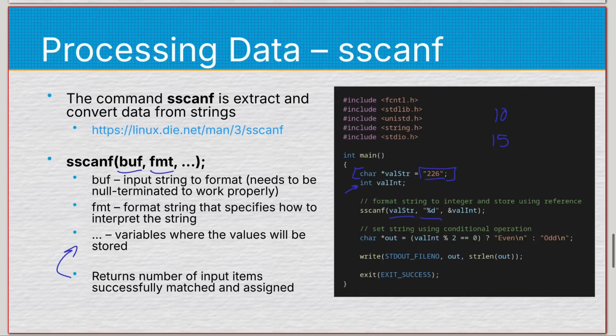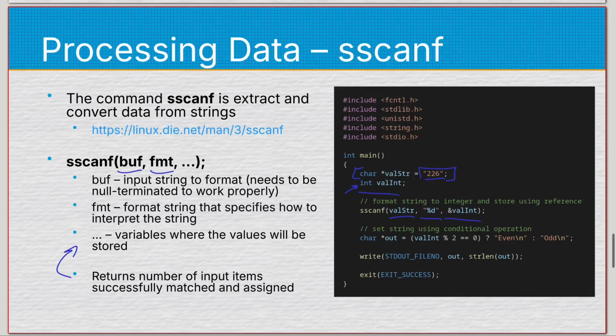It's just your basic standard integer. In this case, 226. And then we use &valInt because this is where we want to store this value 226. It's going to take the string and convert that to an actual integer. That's the actual format specifier. And it will populate it using the reference back to the integer that I initialized here.